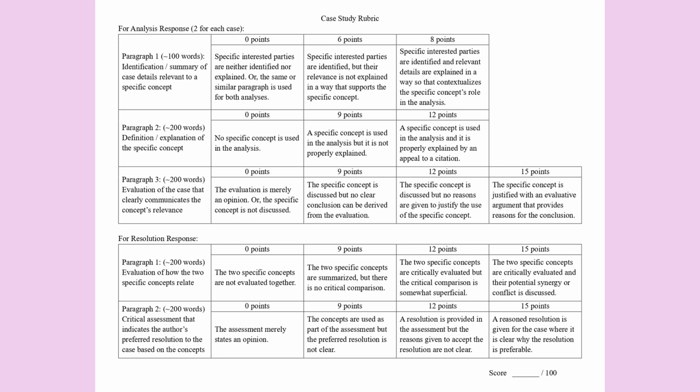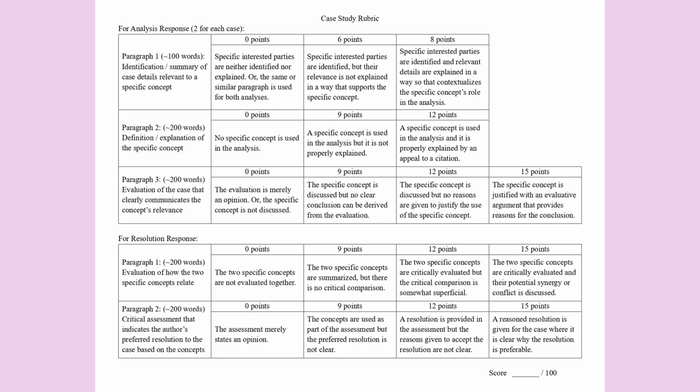So in total, that's 8 paragraphs. Again, this is a very structured assignment. It's done that way, so then you know exactly what I'm looking for and that we're practicing this structured argument. Looking at this rubric, which is also available on the course webpage, so don't feel like you have to always come back to this video to see it. You can download the rubric and look at it there.